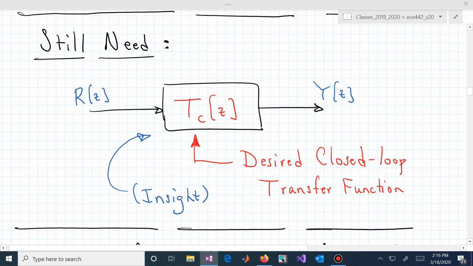Maybe we have a G of z, and maybe our boss says, I want you to have your system behave like this desired transfer function T sub C of z. Well, how did she come up with that? That's what we want to be able to do. We want to understand how to create or determine what these ideal or desired closed loop transfer functions need to look like in terms of their poles, zeros, and gain properties. How do we make that happen?